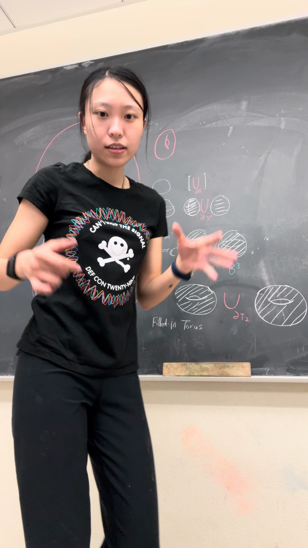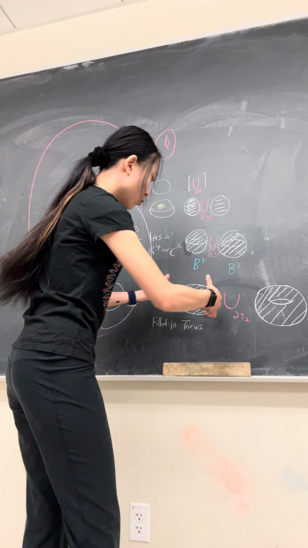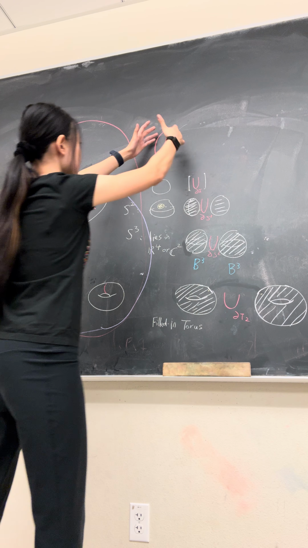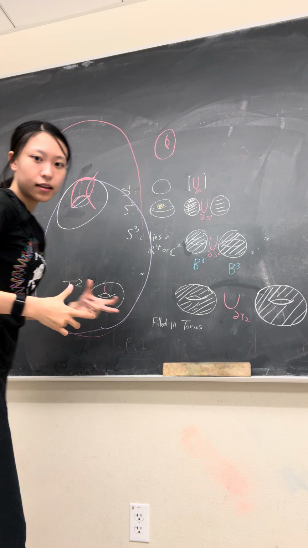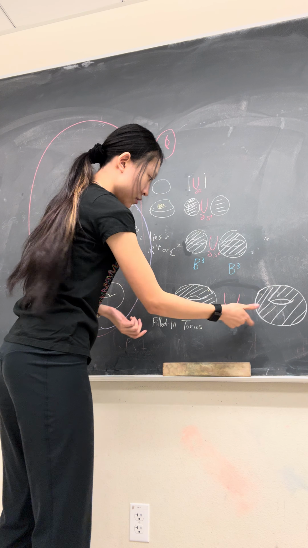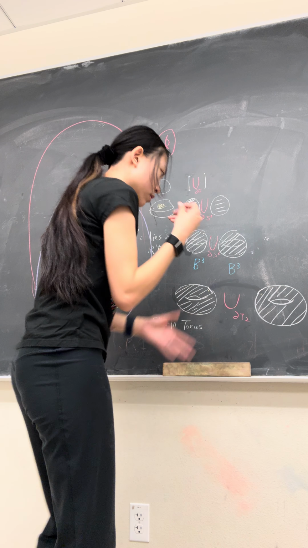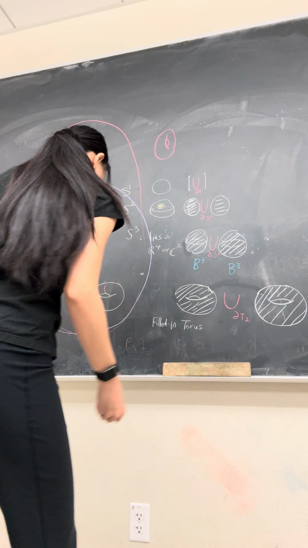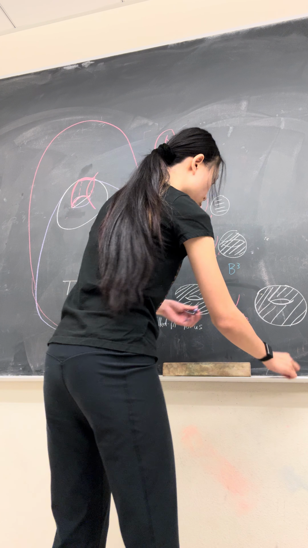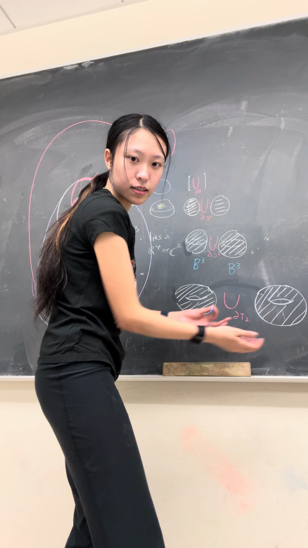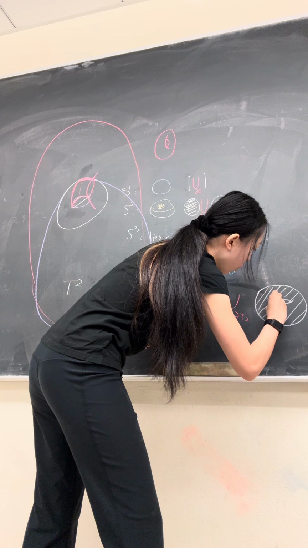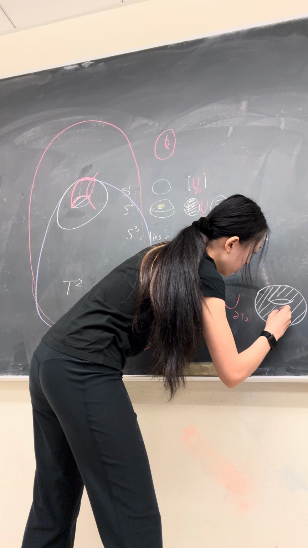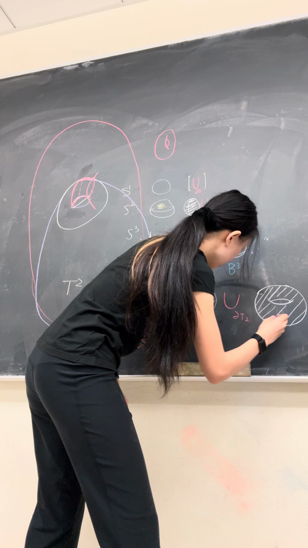and so you can imagine you bound one solid torus in this, and then you bound another solid torus here, and they're glued together by this T2. Another way to visualize this would be to take one solid torus and put another torus through it.